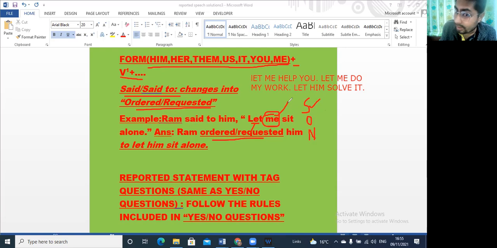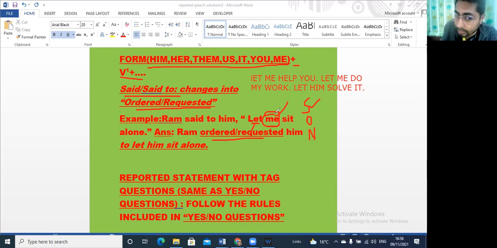Me is the objective form, so obviously the objective form of the answer should be used, just like Ram ordered or requested me. Me refers to first person objective form.